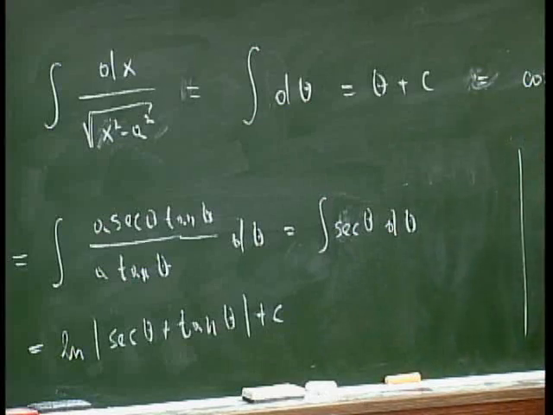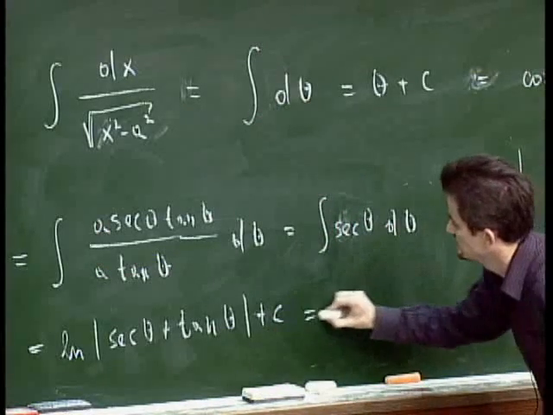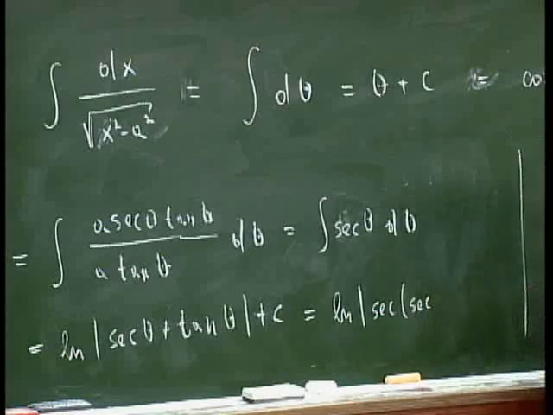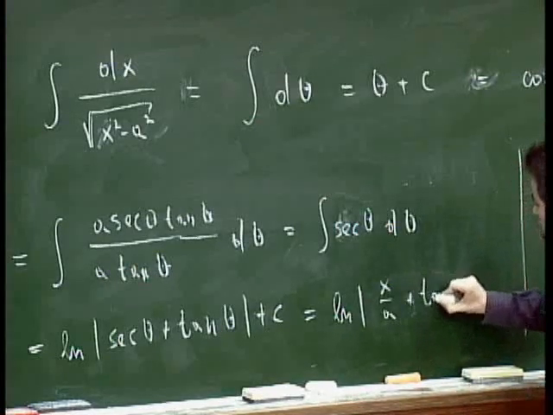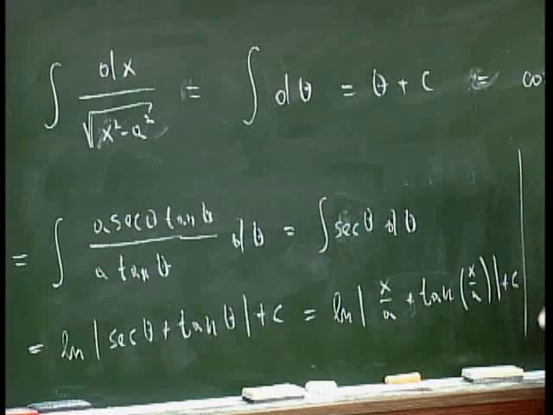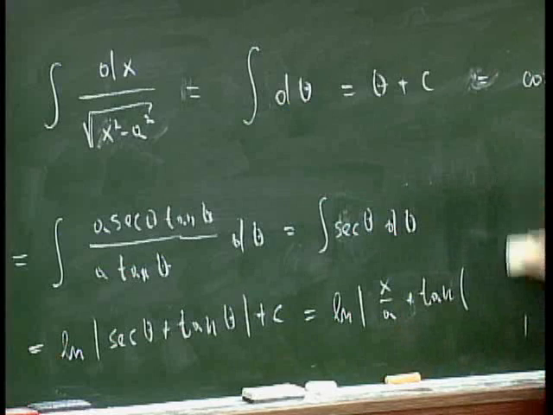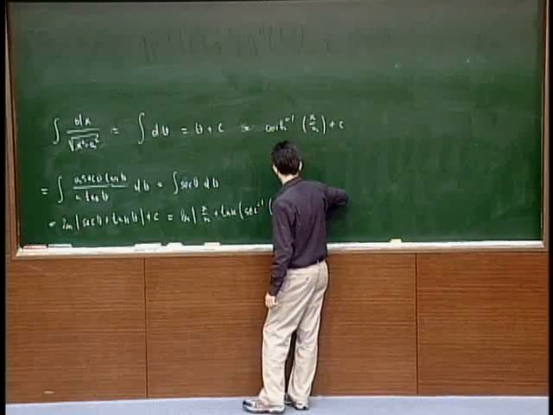Let's do this: this is the ln of the secant of the inverse secant of x over a, so this is just x over a, plus the tangent of the inverse secant of x over a, plus a constant.